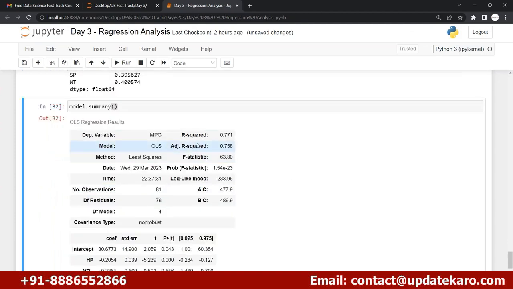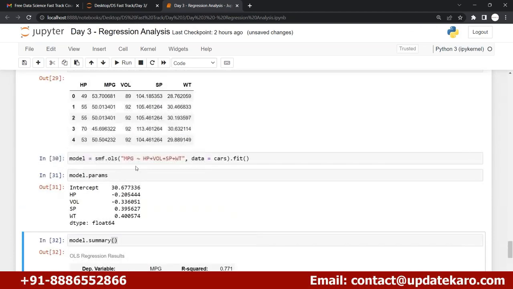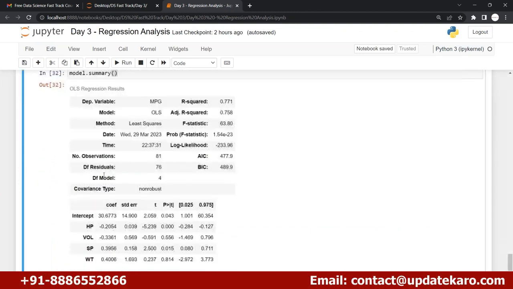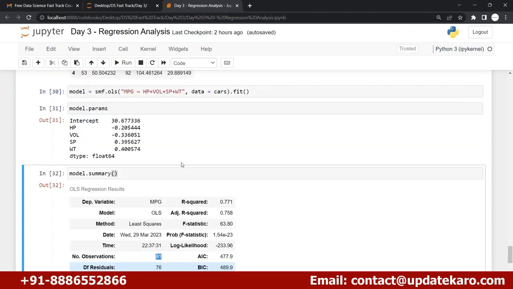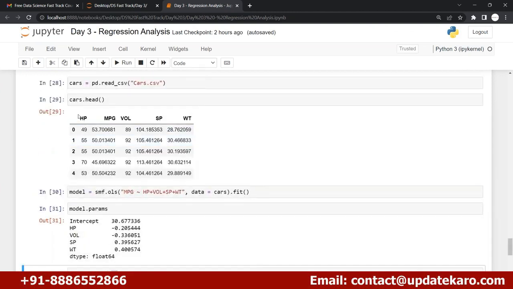Let us talk about the different evaluation metrics you're going to use. Here you can see total data points are 81 observations, or rows, and only 5 columns, and out of those 5 columns, one is the target column. So except this column, only 4 columns are there. With the help of these 4 columns, we can build a model which can predict the MPG, miles per gallon.